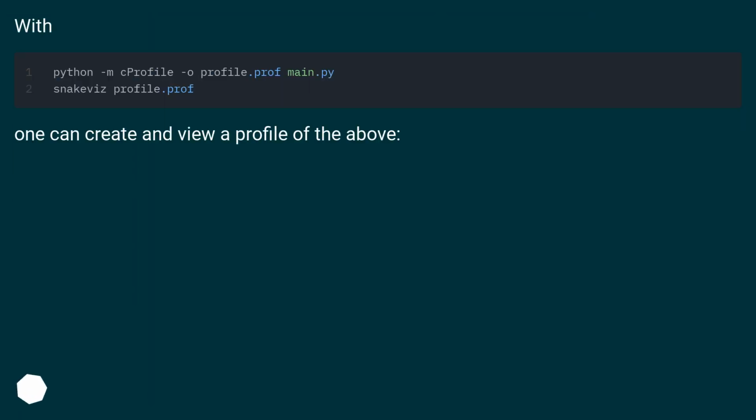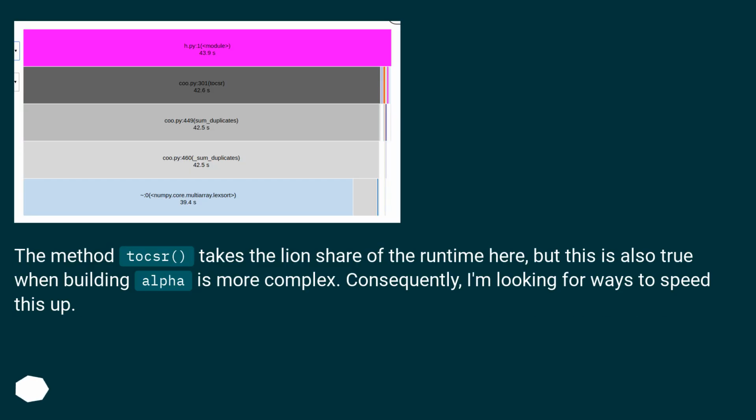With a profiler, one can create and view a profile of the above. The method tocsr takes the lion's share of the runtime here, but this is also true when building A is more complex. Consequently, I'm looking for ways to speed this up.